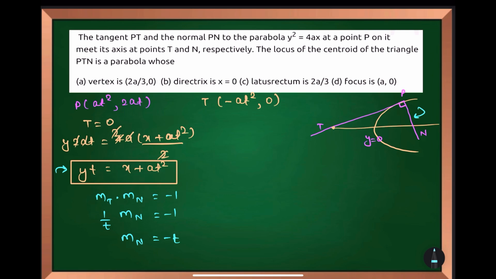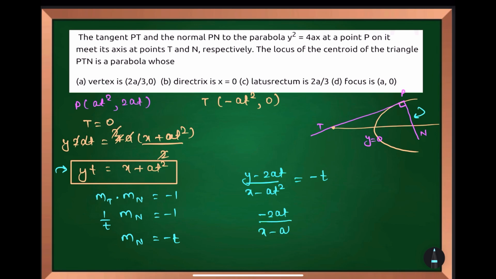So I'll write down the equation of normal. (y − 2at)/(x − at²) equals −t. Now you know that we have to find point N, which is on the x axis, meaning y should be 0. So let's calculate that one.